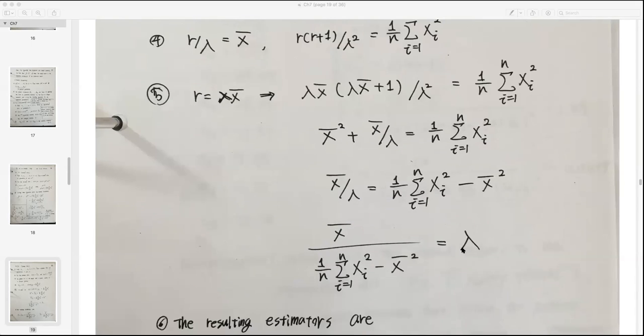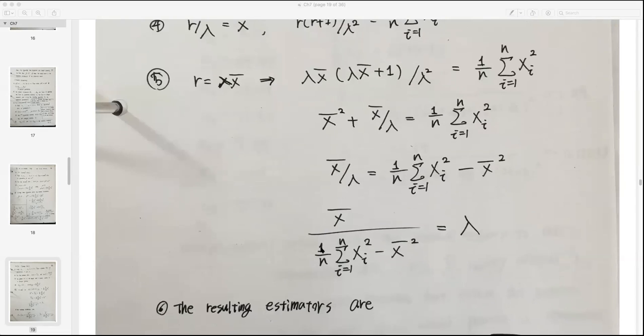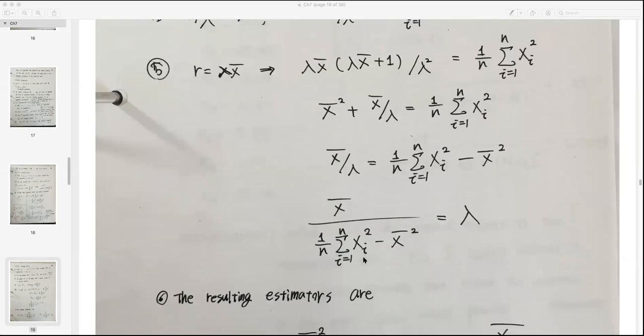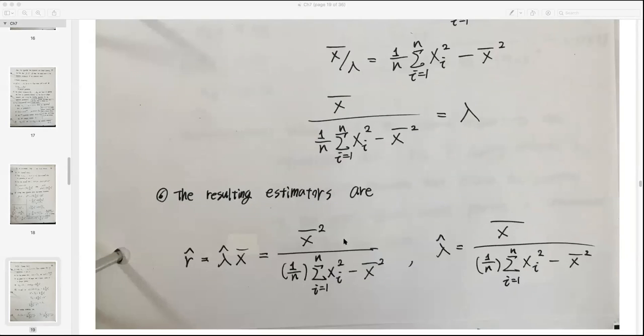We figured out lambda is x bar over (1 over n times the sum of xi squared minus x bar squared). So that's going to be the moment estimator of lambda, I mean lambda hat. And once we find the moment estimator of lambda, which is lambda hat, we're going to plug this into here.